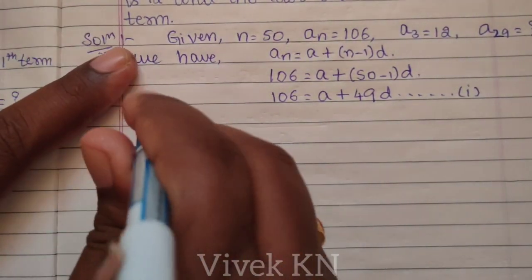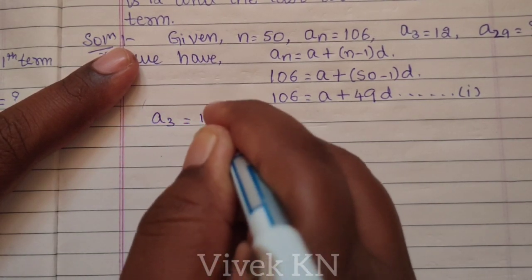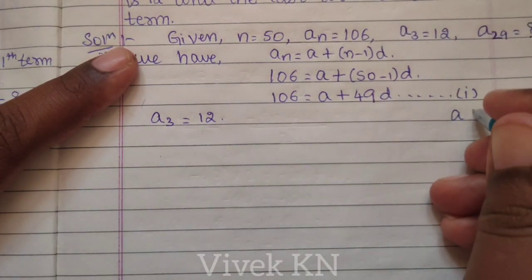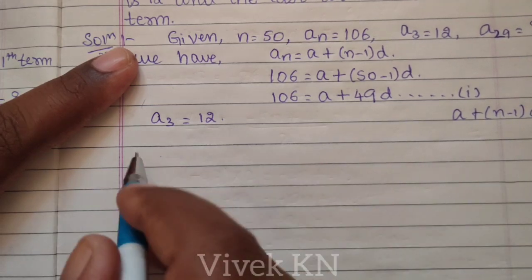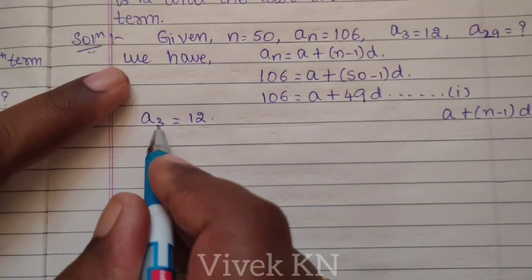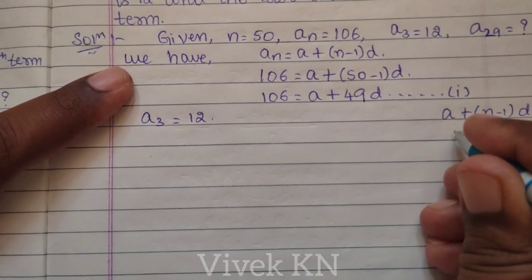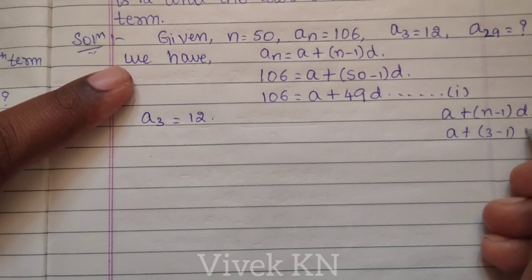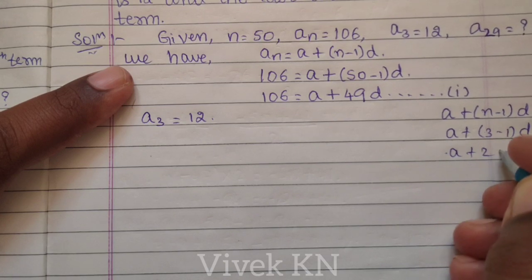Next, A3 is equal to 12. We have nth term formula A plus n minus 1 into D. Substituting the value of n is equal to 3 in this formula, we can easily get A plus 3 minus 1 into D, that is A plus 2D.